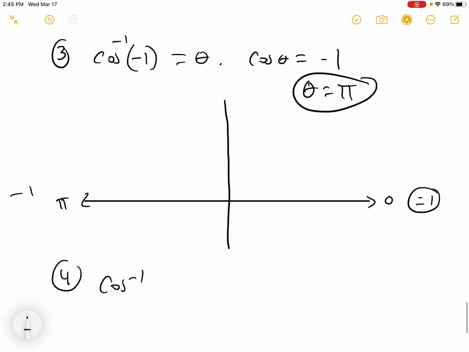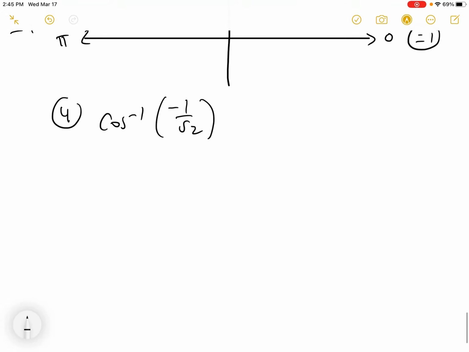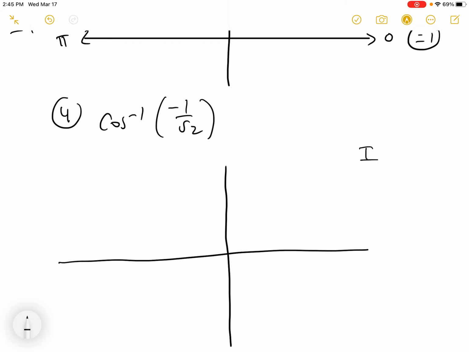How about the cosine inverse of minus 1 over root 2? Okay. Cosine again has to be in quadrant 1 or 2. We know it's negative in quadrant 2. So we build our reference triangle here. There's theta. We'll call that alpha.